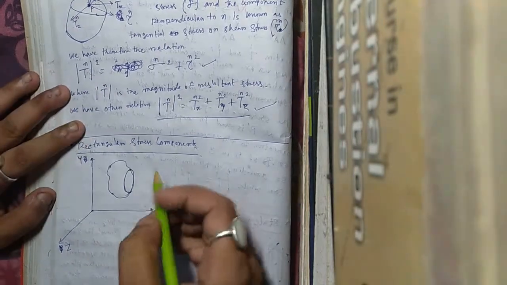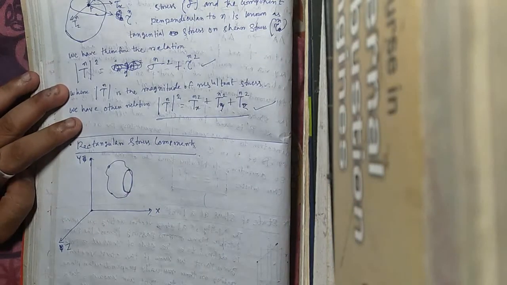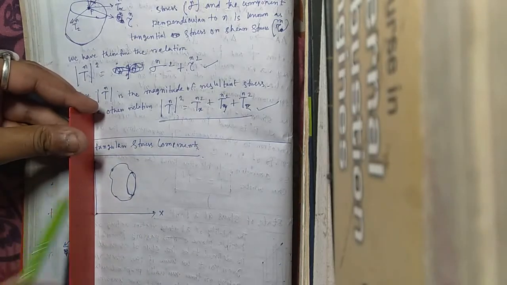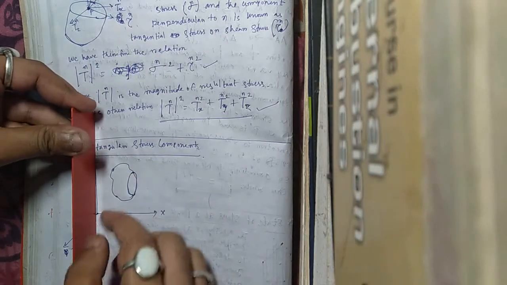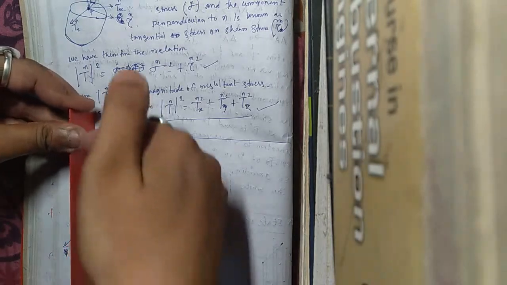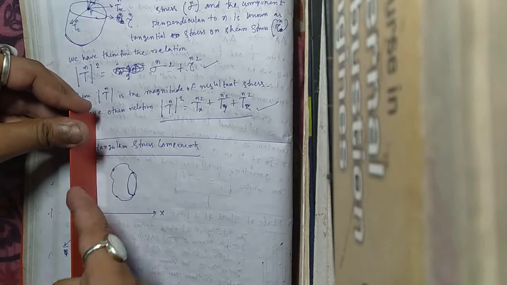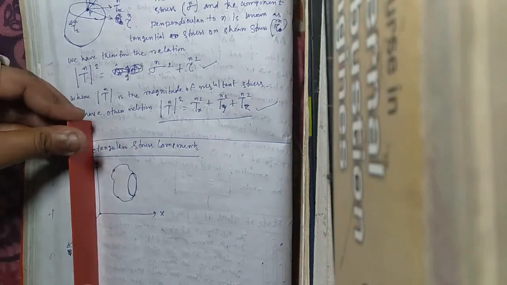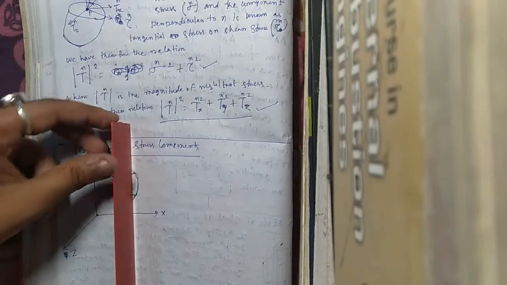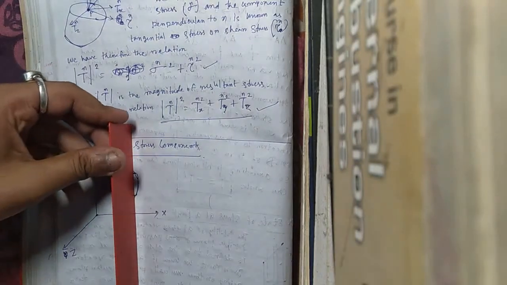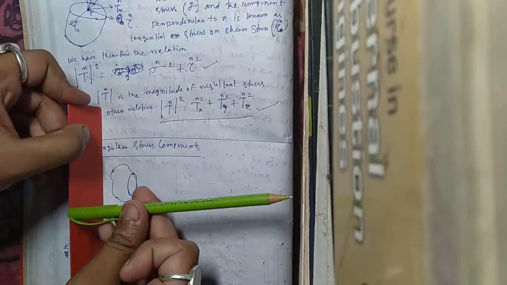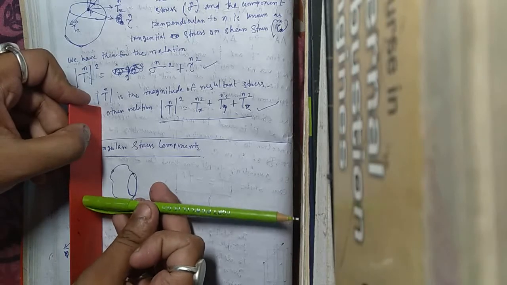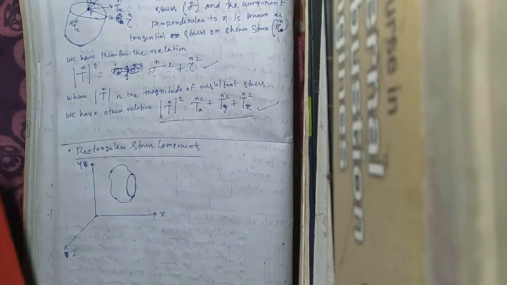Okay, so if we cut this body by a plane parallel to the yz plane, this is the plane parallel to the yz plane, and the direction normal to the yz plane is the x-axis.